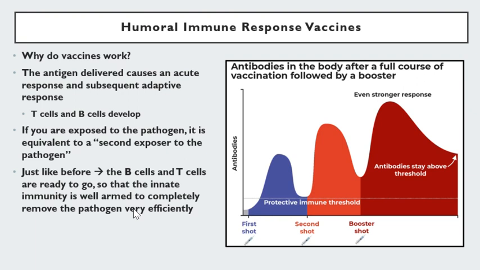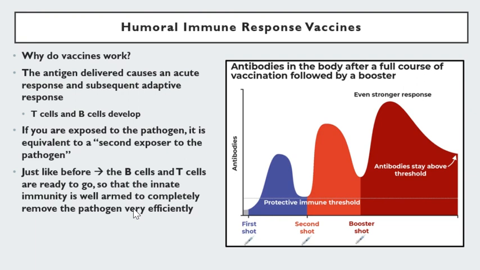You need a certain threshold of exposure to develop your immune system. And so if you don't have that, like you might have in the initial infection, or you might have with the first vaccination, right? If you don't have that, you need more. The immune system needs more exposure to the antigen to develop that better response. And so you just need to hit this protective immune threshold here, right?